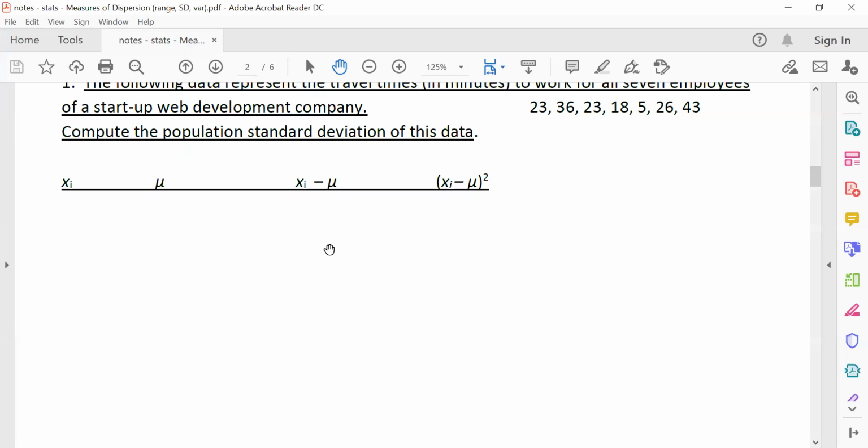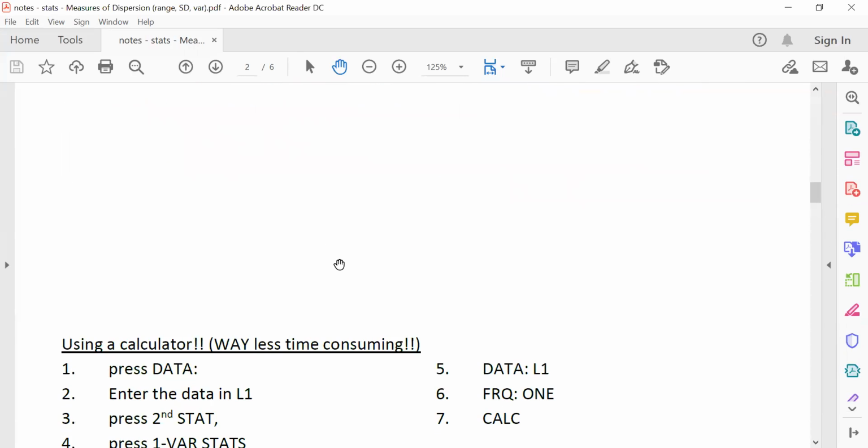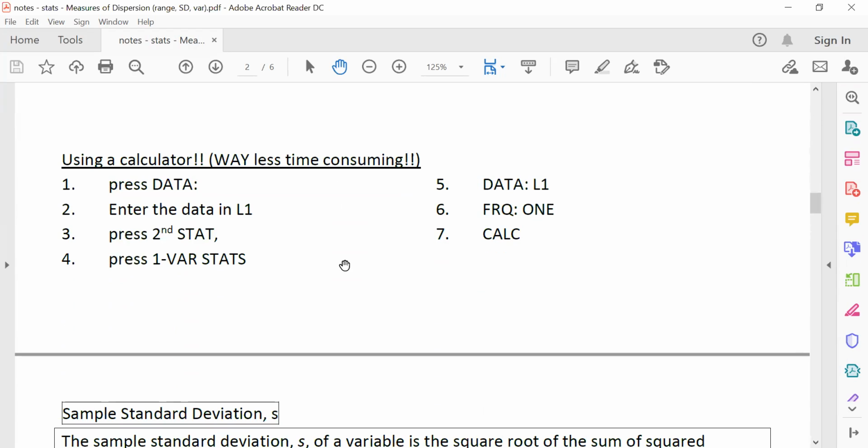Do we really even need to do this? I'm going to say let's skip it for the moment. But wait a minute. We're going to use a calculator to do this. If you have a scientific calculator, especially the TI 30X2S scientific calculator or one of similar ilk, or if you have a graphing calculator, you're going to be able to compute the standard deviation directly in the calculator.